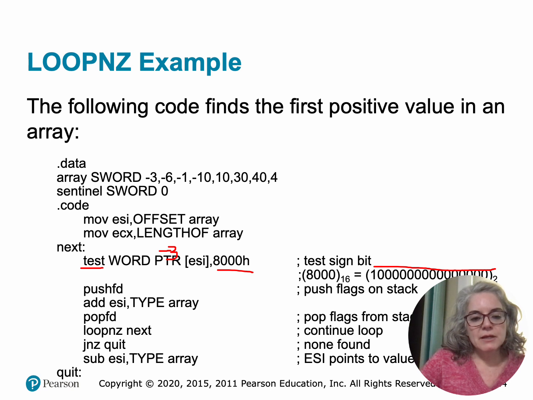What this is doing is testing to see if this number -3 is a negative number. Now TEST, if you remember, is the same as ANDing something, except it does not change the destination. We don't want it to change the destination.